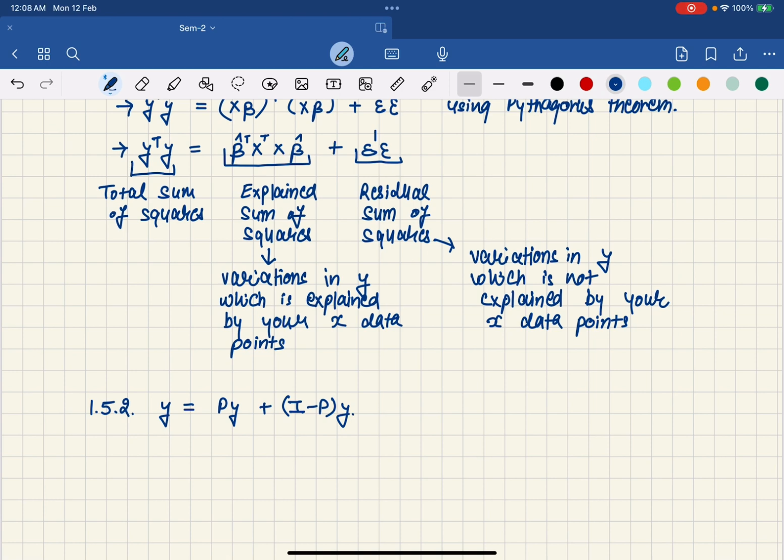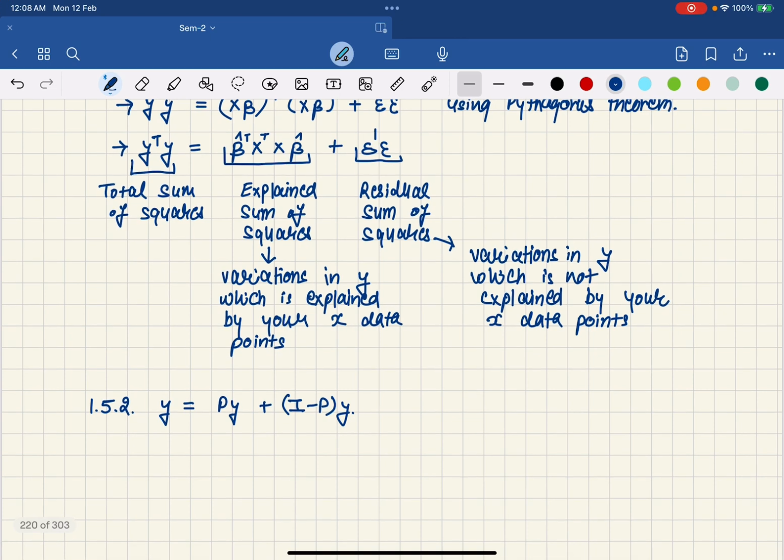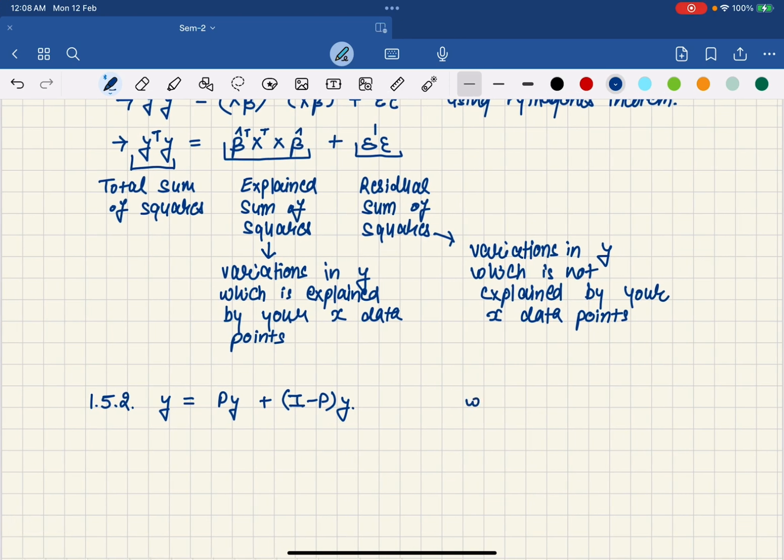And we need y transpose y, right? So what you can do is pre-multiply both sides by y transpose.